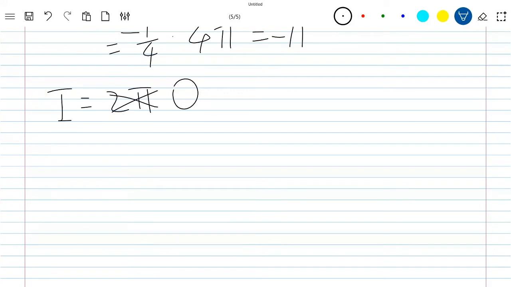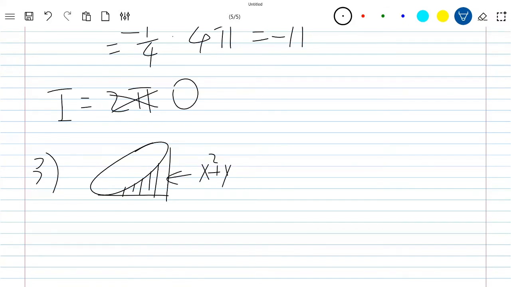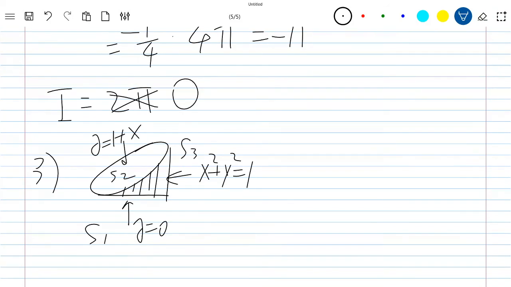All right, let's see one more example. The third example is the same surface we did last time. It's that cylinder, x squared plus y squared equals 1, and this is z equals 0, and this is z equals 1 plus x. So it has a top face and bottom face, S1, S2, S3.